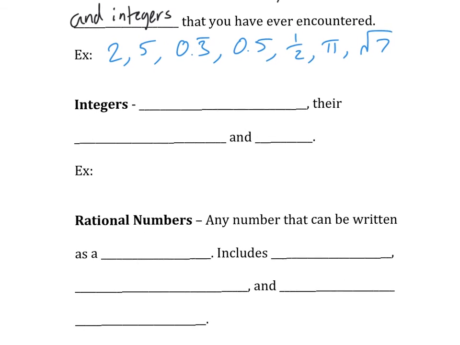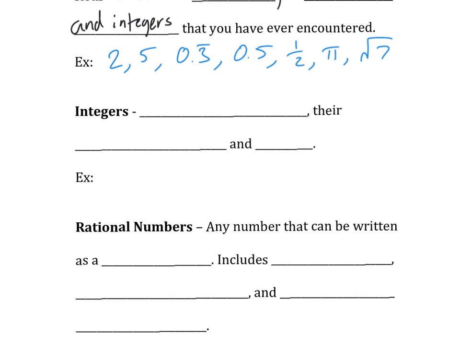Now we also have numbers called integers. Integers are going to be whole numbers, their opposites, and 0.